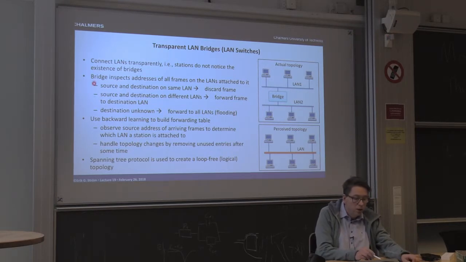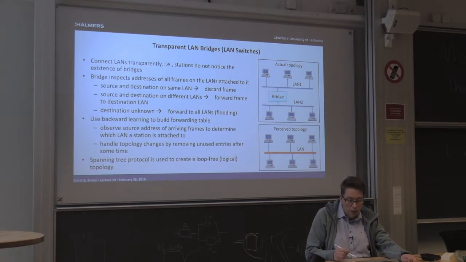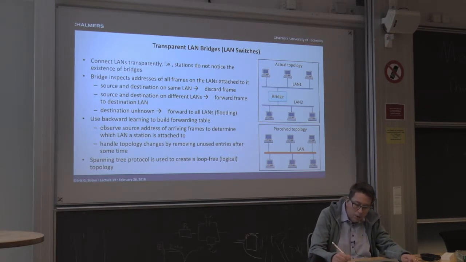These bridges build a routing table. If a packet comes in here, the bridge needs to figure out whether this packet should remain on this LAN or be bridged over to the next LAN. It should go to the next LAN, of course, if the destination address in this packet is a host on that one. How do we figure that out?